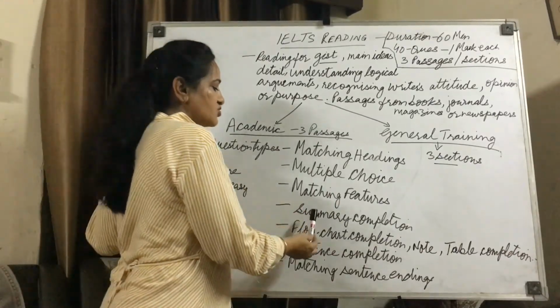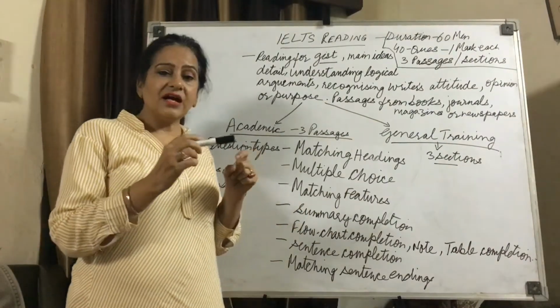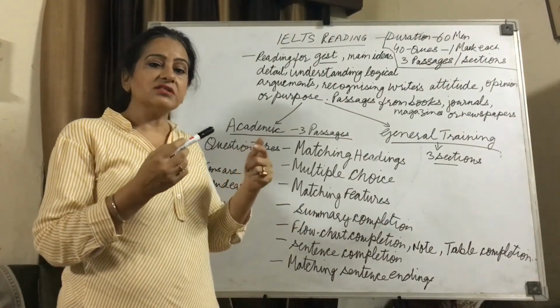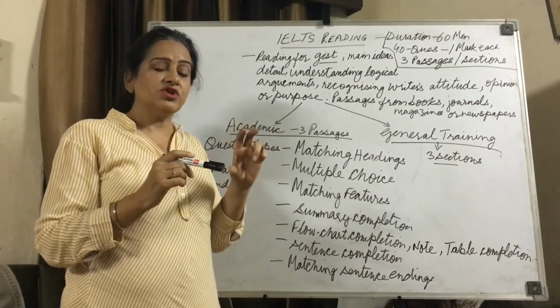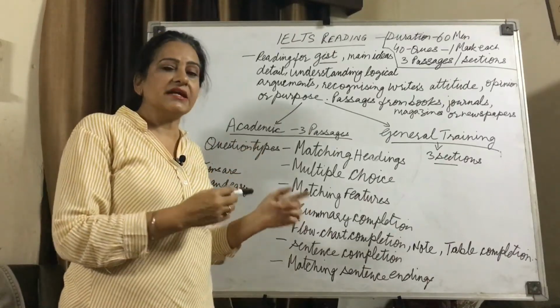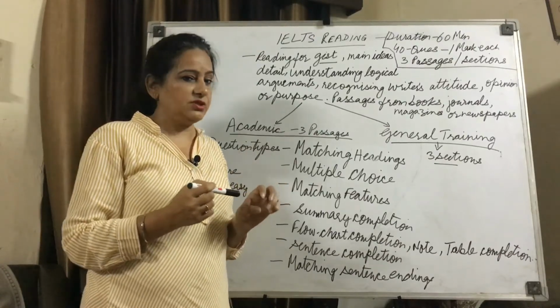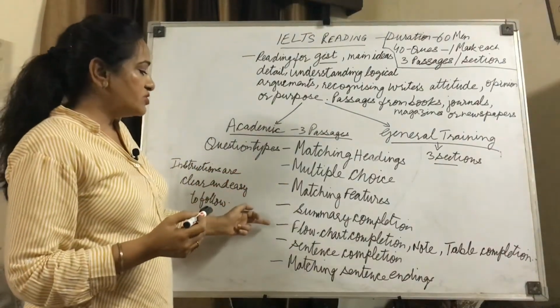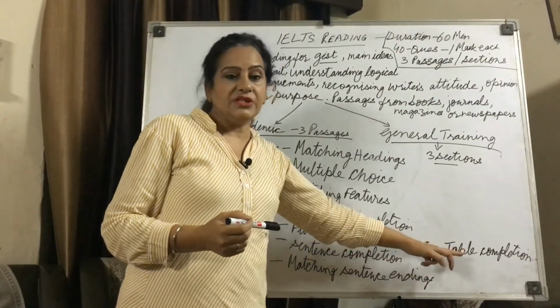Then there are questions related to summary completion. Summary completion is basically a kind of fill in the blanks in which they give a summary of a particular passage, and you have to answer it by understanding the passage and taking the words from the passage. Then there are questions like flowchart completion, note completion or table completion.